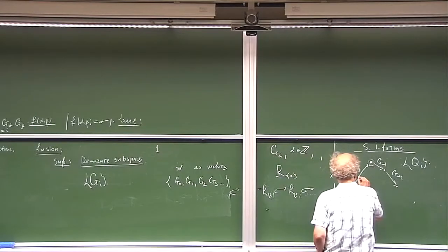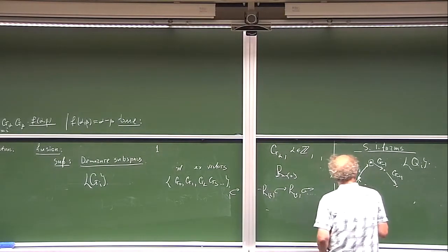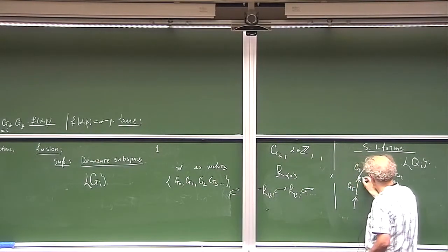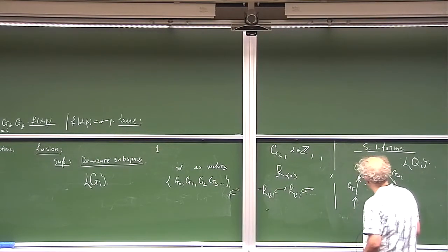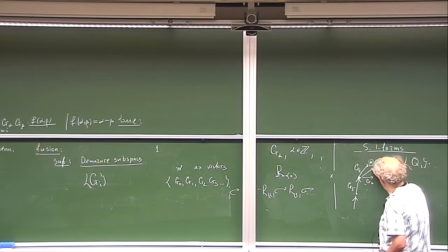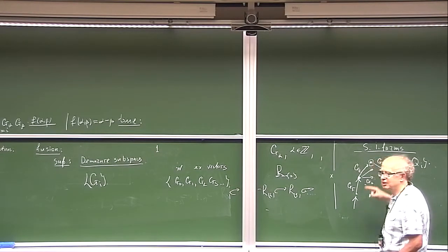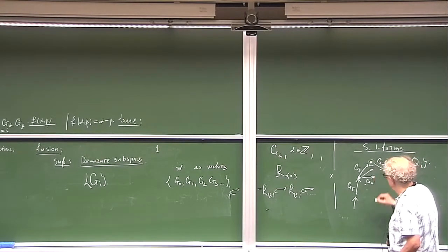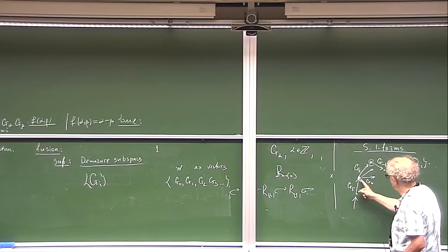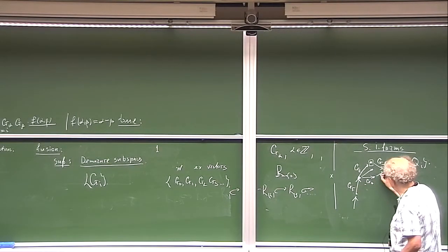Now look at this point. What can I do? I can act on this vector by G0, and I can act on this vector by G1, and so I get as a result this vector, and this vector. And not only that, you can take this vector and act by G0 and here by G1. It will not be 0.